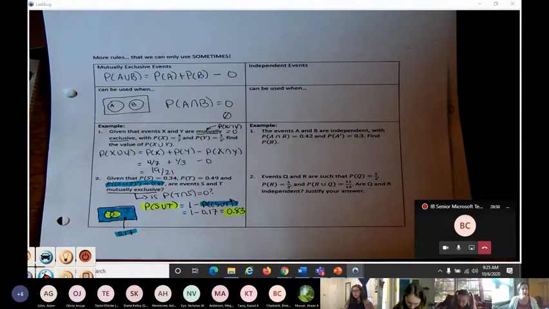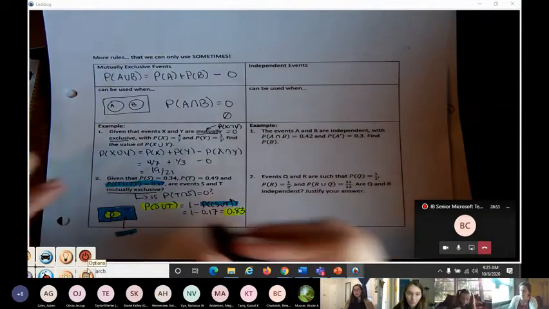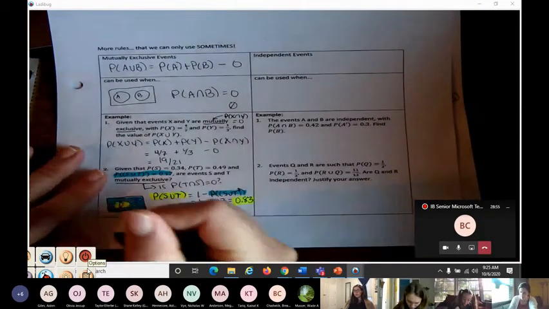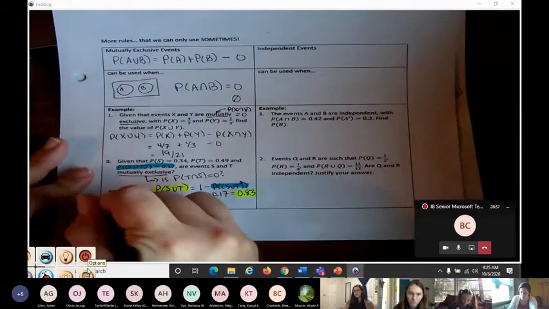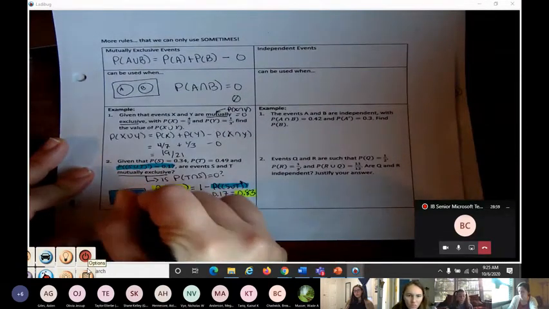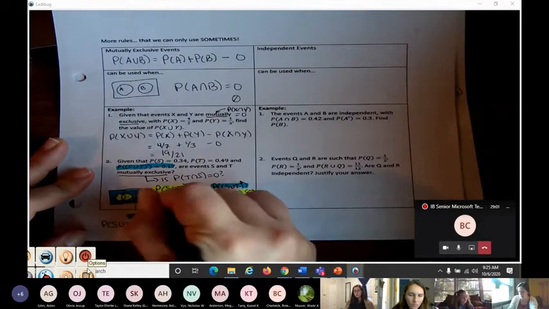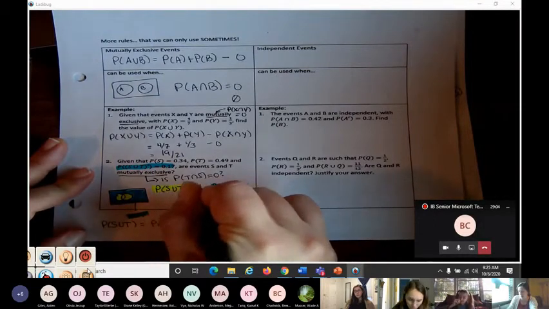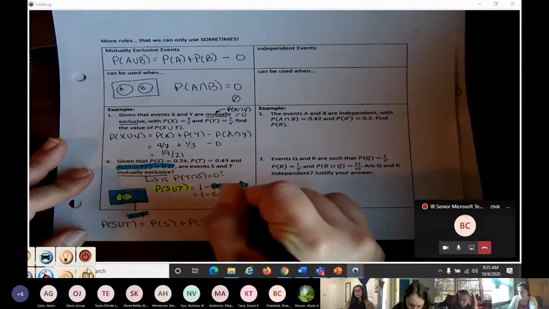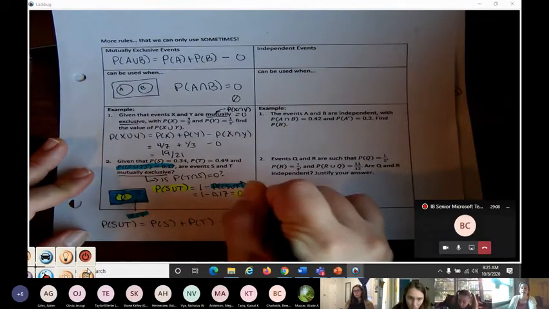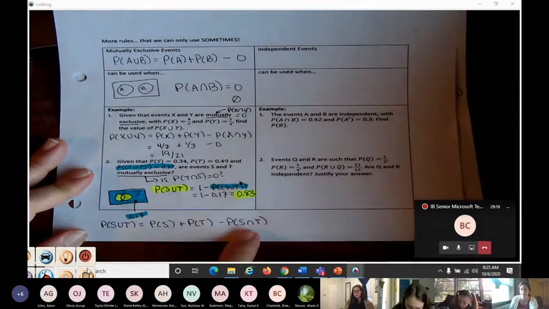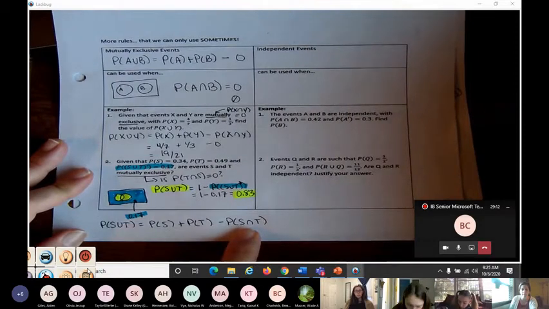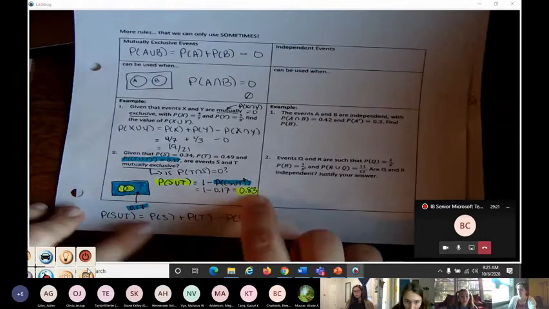So now that I have that information, I can set up my equation like I had on the other page. So the probability of S union T is going to be equal to the probability of S plus the probability of T minus the probability of S intersect T. Okay, and the goal is to figure out what S intersect T is. So we have now all the pieces except for the intersection. We have the union here, given.